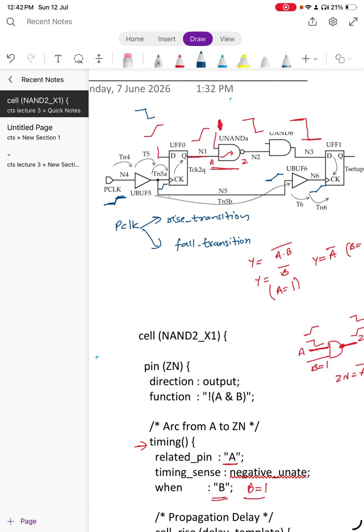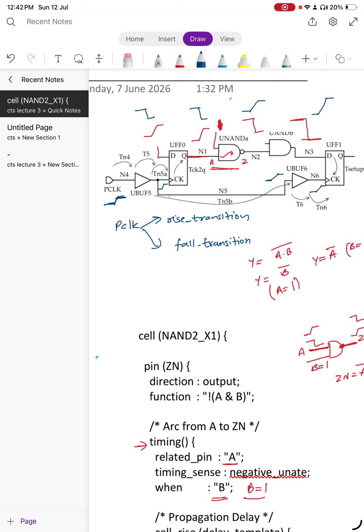When D is falling, the Q is falling, and the output of this NAND gate is rising, and this is rising because this is a positive unit. So this is how we are able to find the transition of the gates, correct?